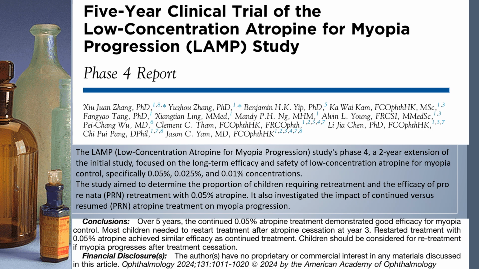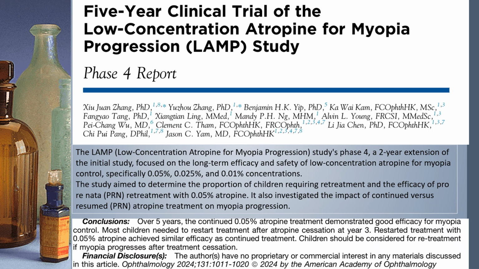So all these children who were requiring retreatment, they compared the two arms of it, and they also found that 0.05% atropine treatment did demonstrate good efficacy. And once you stop the treatment at 3 years, you would see that most of the children would require a restart of treatment.